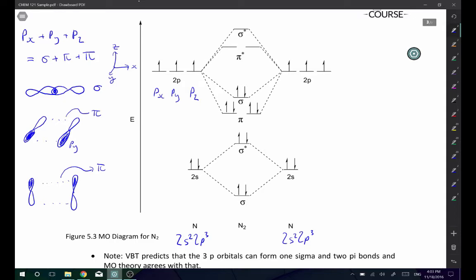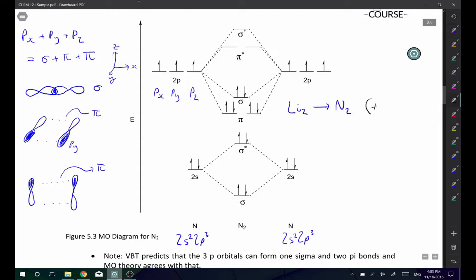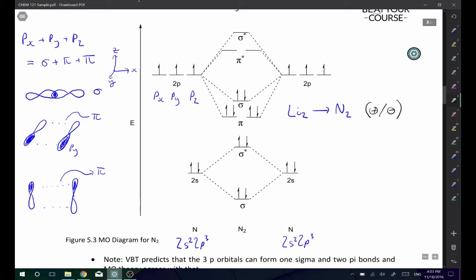All you need to know is that this is the template for everything from lithium all the way to nitrogen 2, regardless of any plus or minus charges. So it doesn't matter if it's lithium 2 plus or lithium 2 minus, etc. This is the template molecular orbital picture, and the only variant are the number of electrons and the number of bonding and anti-bonding orbitals being filled up with electrons.